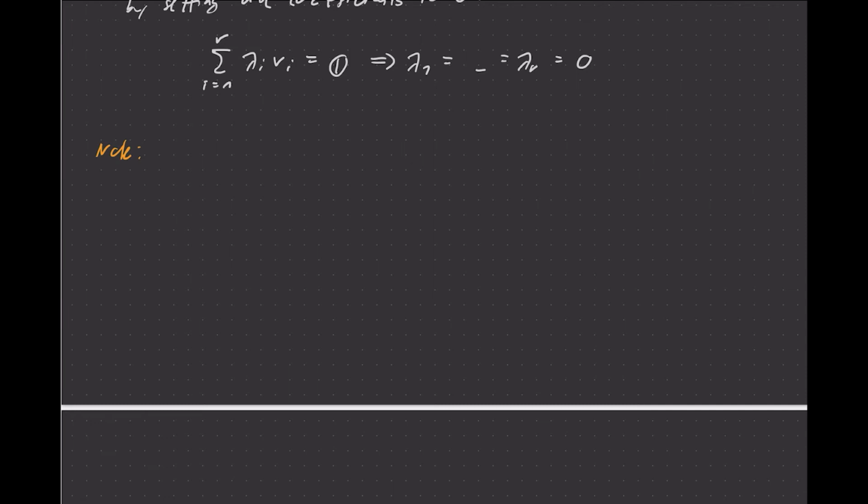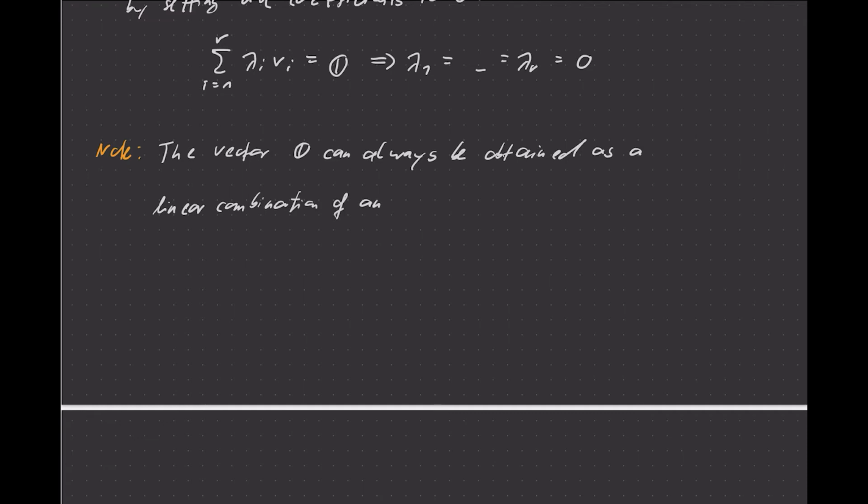So let's write this down. The vector 0 can, of course, always be obtained as a linear combination of any set of vectors by simply setting all coefficients to 0.